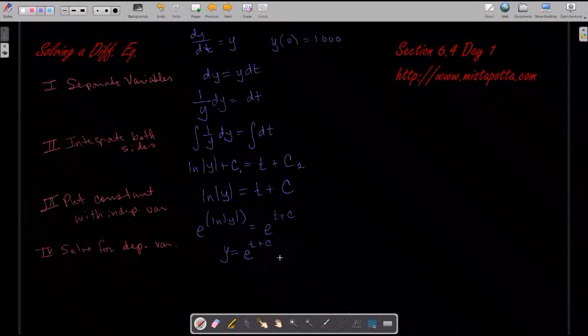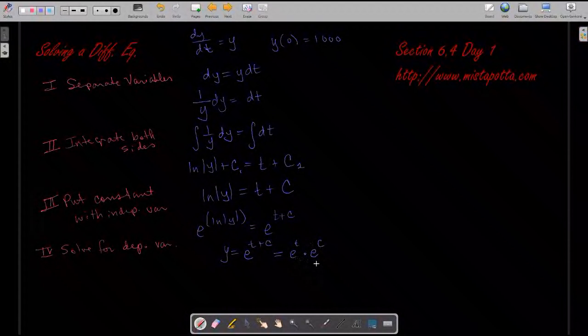But what I also know is that when I'm adding exponents, I'm really multiplying terms together. So I really have e to the t times e to the c.